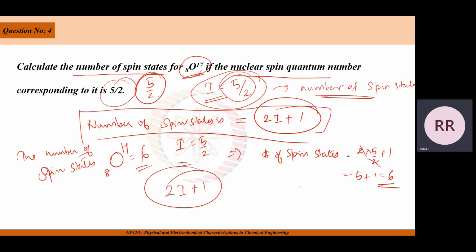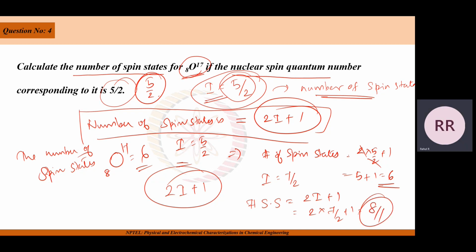So suppose in a question it is given that the corresponding spin quantum number I is 7 by 2. Then we can calculate the number of spin states as 2I plus 1, that is 2 into 7 by 2 plus 1, that is nothing but 8.